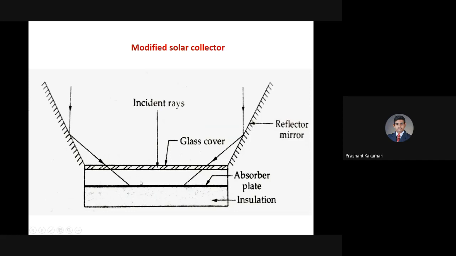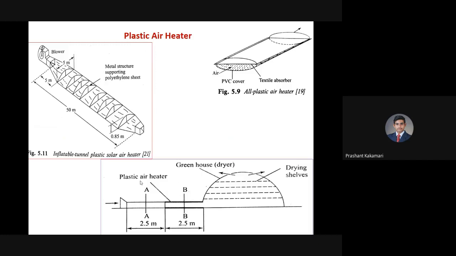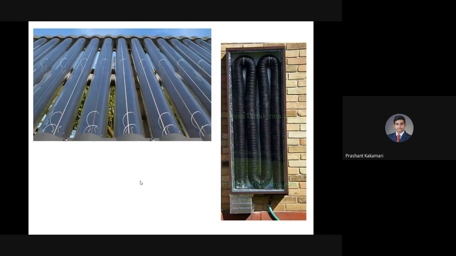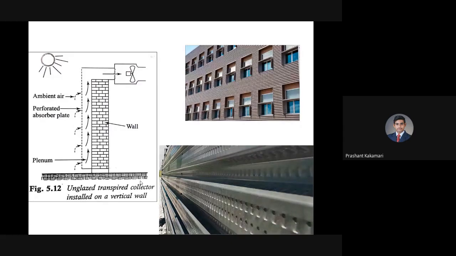This may also come into the picture in concentrating type solar collectors. That principle is used here. Then we discussed plastic air heaters, and today we discussed unglazed transpired collectors. So this is all about the conventional and non-conventional types of air collectors we have discussed.